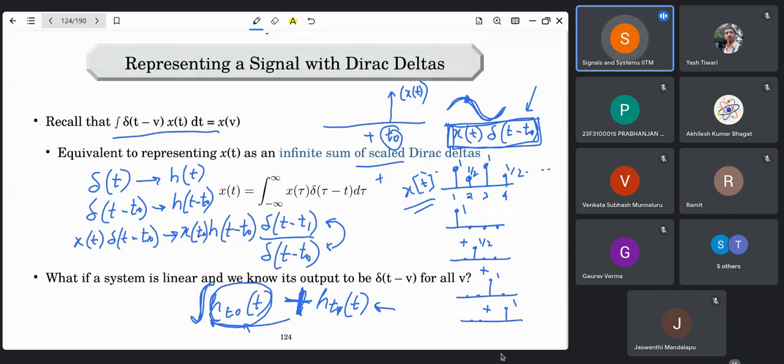We can say this because of linearity. If I multiply x of t with delta of t minus t naught, I get an impulse scaled by this value, which is as good as having a scalar value. If this is a scalar, then the output also gets multiplied with the same scalar.